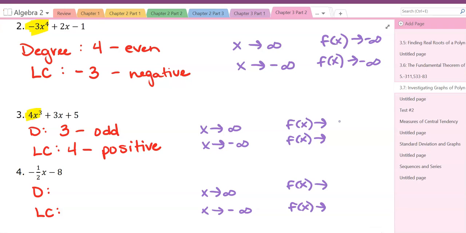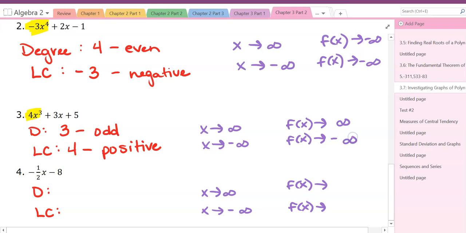Is it positive or negative infinity? You've got a 50-50 chance of being right, even if you guess, so just guess one if you don't know. As x is going to positive, f of x is going to... Good. So then as x is going to negative, f of x is going to, what do you think?